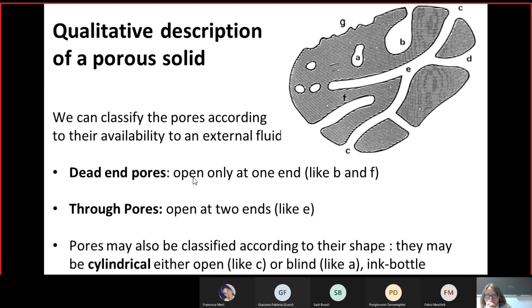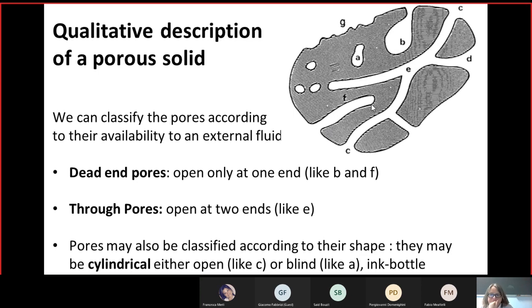So we can also talk about things like dead-end pores. They're only open at one end. Here's a dead-end pore, and here's another dead-end pore. So if you have gas diffusion or fluid flow, it can't get through. It dead ends and stops.